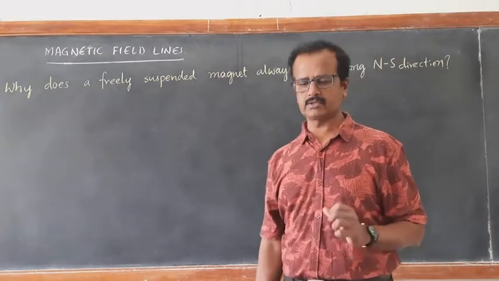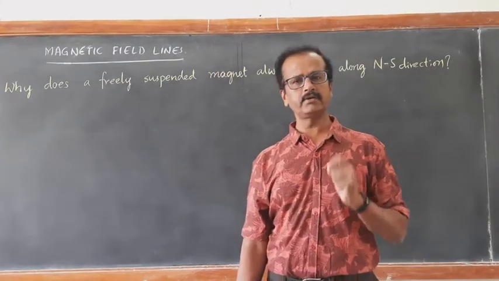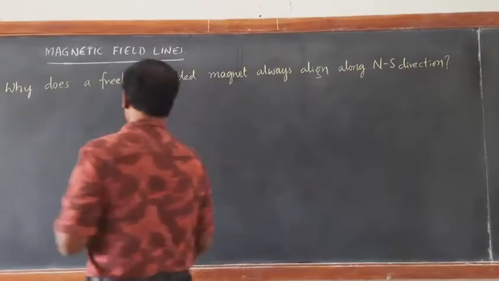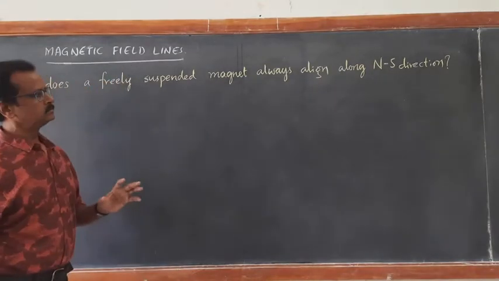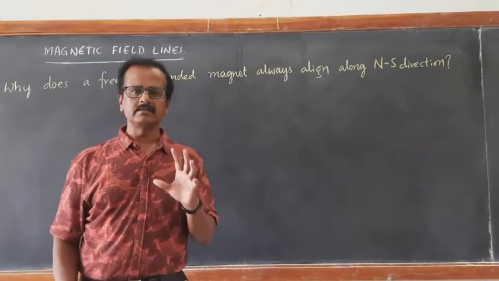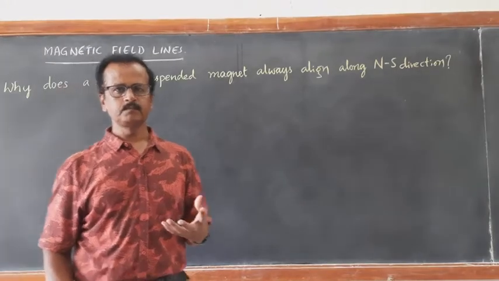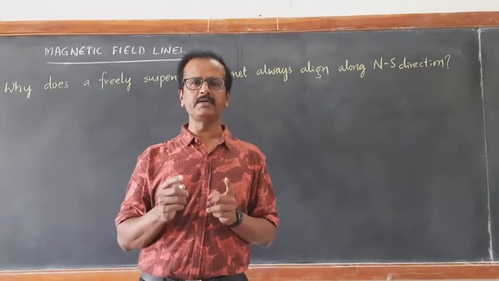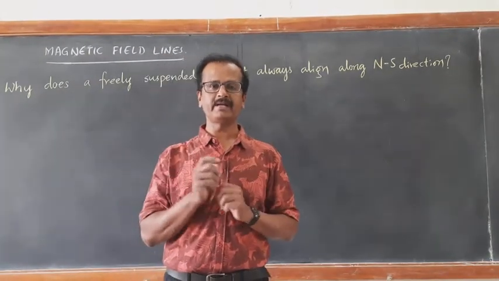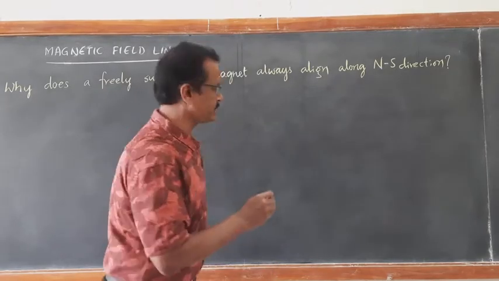This is the question. It always shows the directive property. Now, to answer this, the main reason here is the earth. The entire earth behaves like a huge magnet. The earth behaves like a magnet.